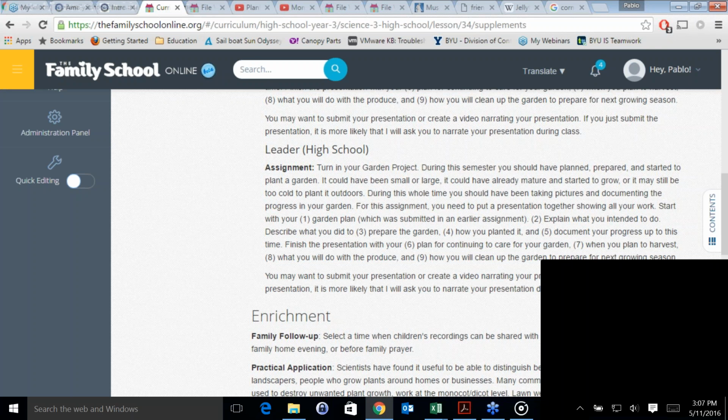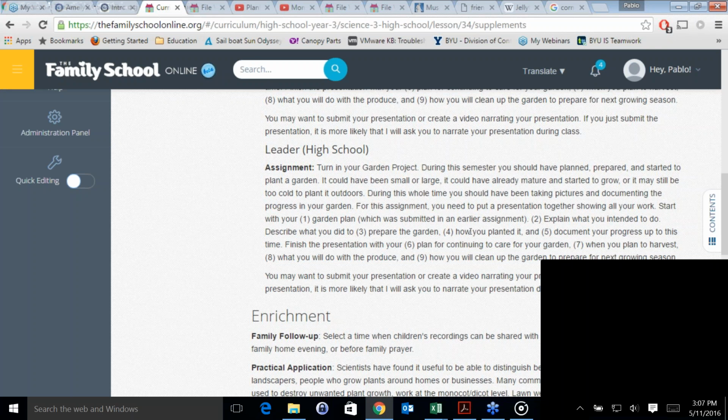Even if you don't have a garden, there are still parts of this project that you can submit. You can still do the plan, still explain what you intend to do and so on, and document as much as possible on the project. Again, there are some parts of this presentation that are certainly future.